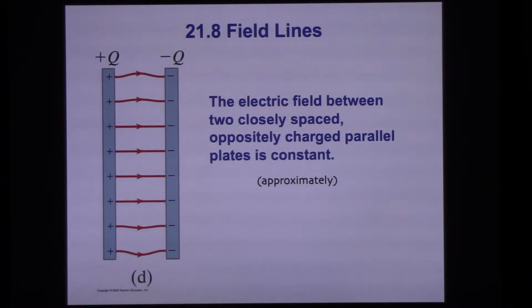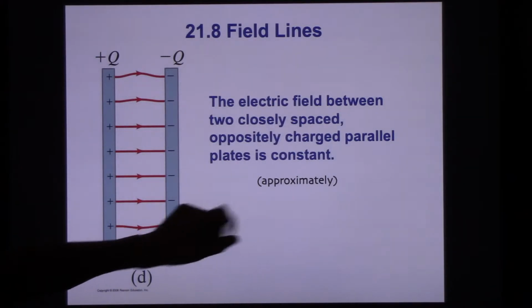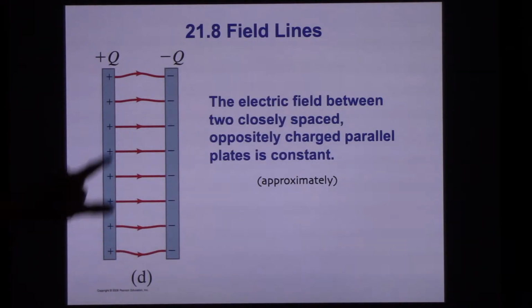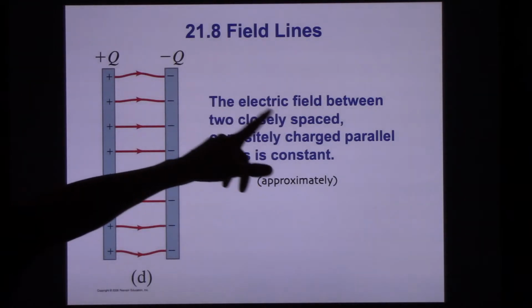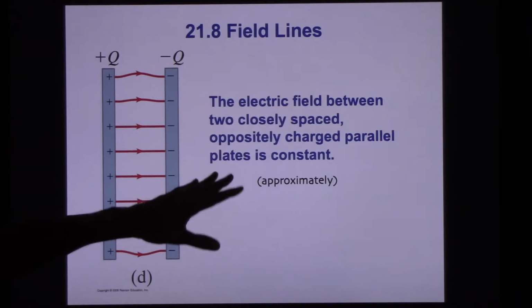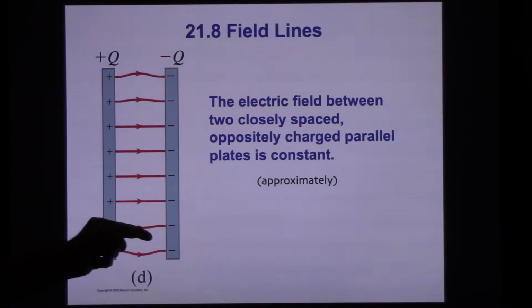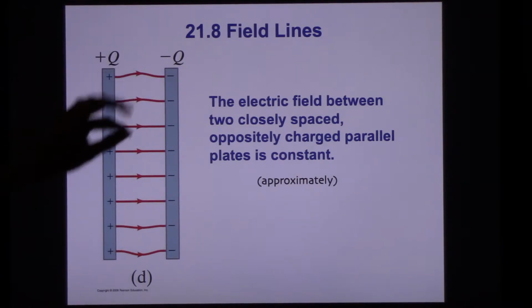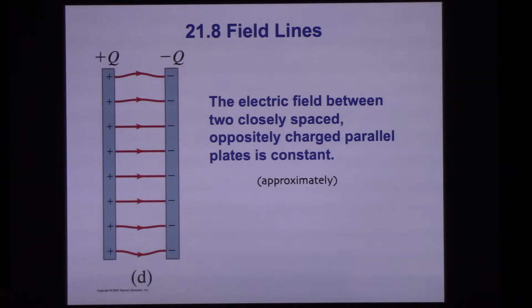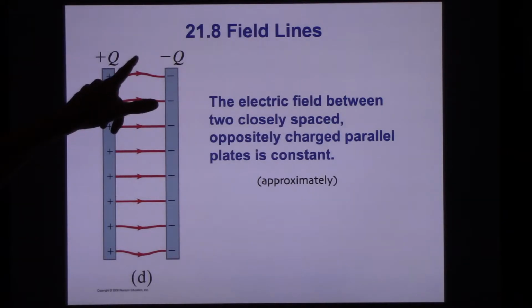Now, here is our approximate formula with the two charged surfaces, remember. The electric field between two closely spaced, oppositely charged parallel plates is approximately constant. Now, they even did a few squiggles here. These last couple of E field lines are squiggles because there are what we call edge effects.